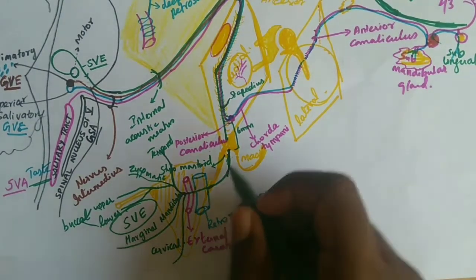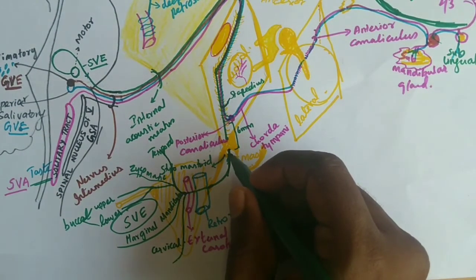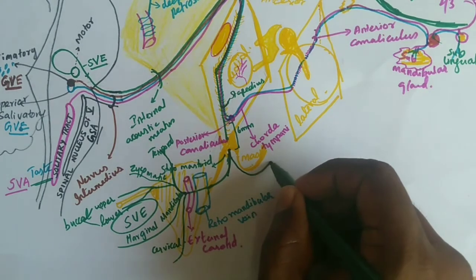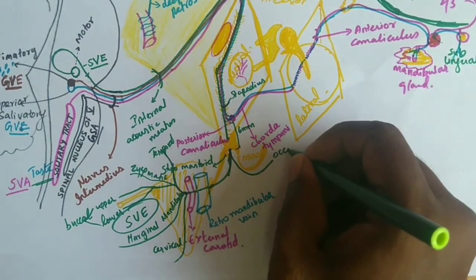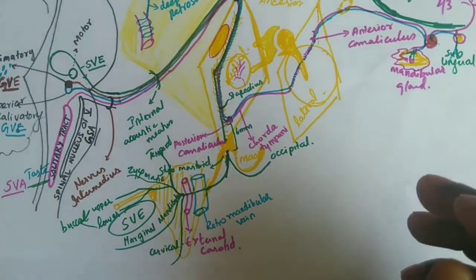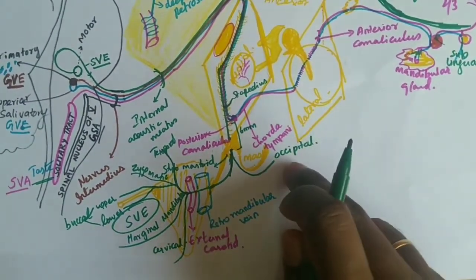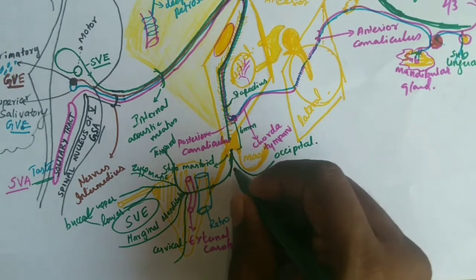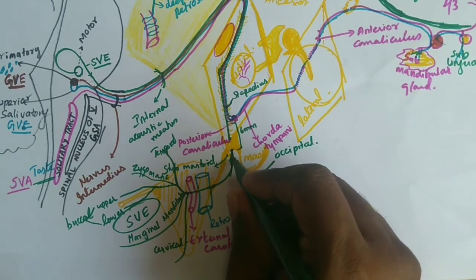Before the termination, it also gives a branch called the occipital branch. It is the occipital branch which will be supplying the occipital belly of occipitofrontalis.